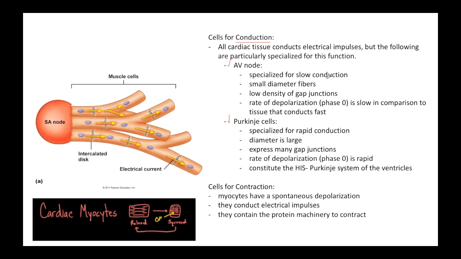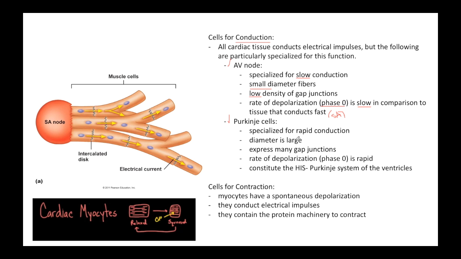AV nodal cells are specialized for slow conduction, and they do this by having a small diameter and few gap junctions, and because of this, their phase 0 depolarization rate is going to be slower compared to fast conducting tissues. We can compare it to the SA node.